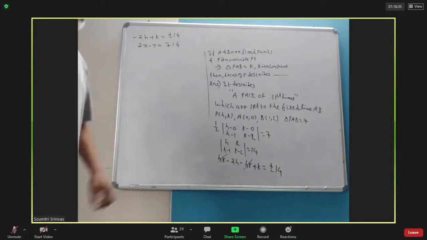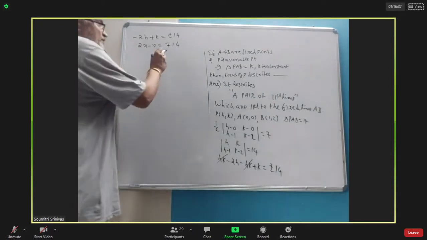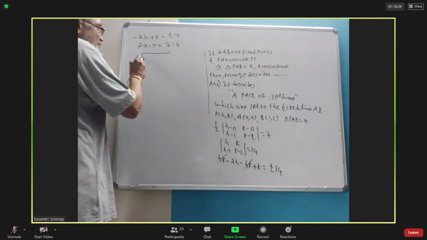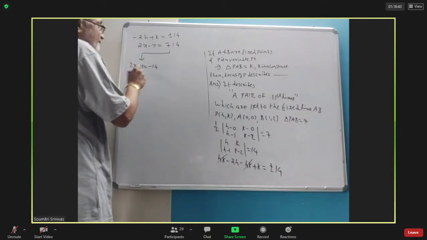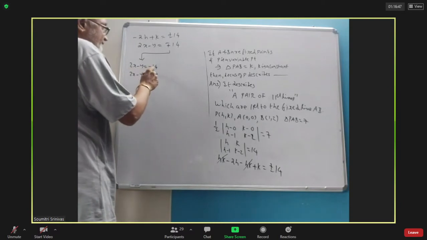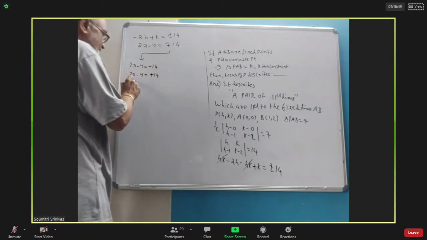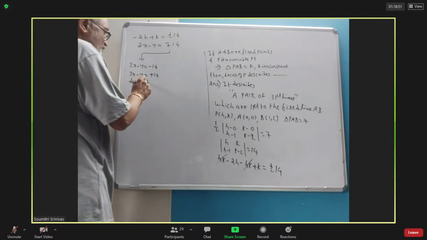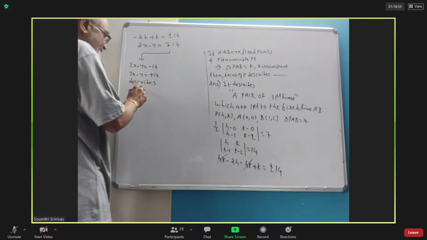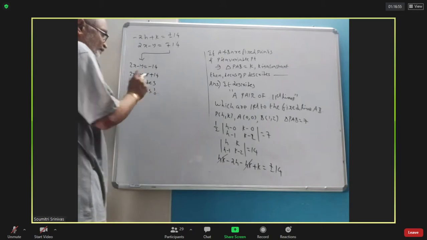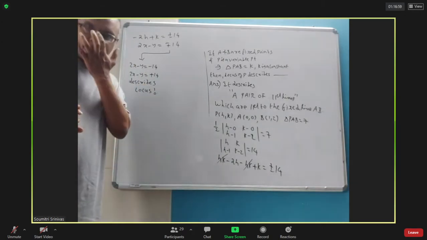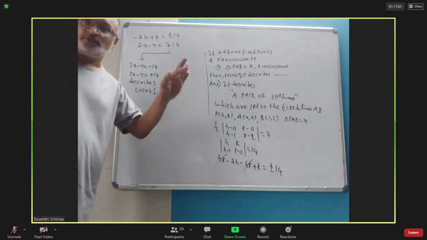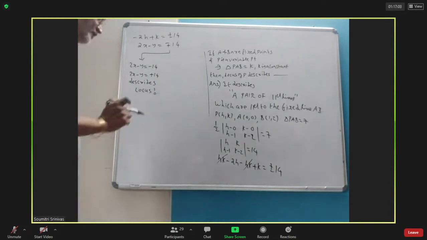Answer can be written in two methods. What is method 1? This you will come across later, next week when I do straight lines.